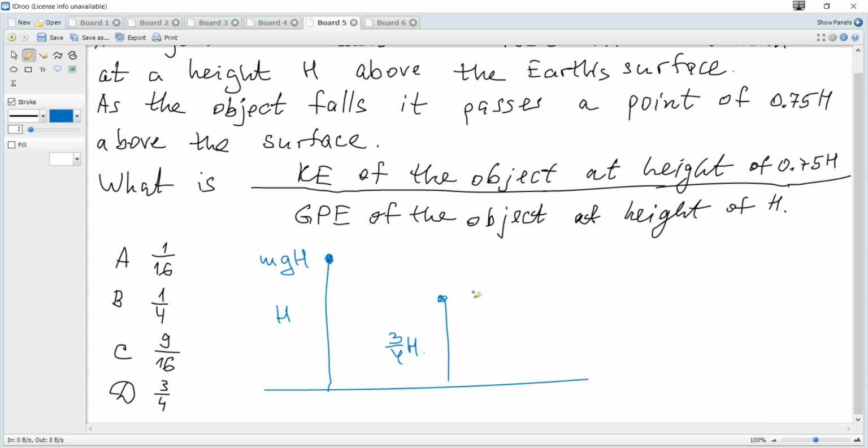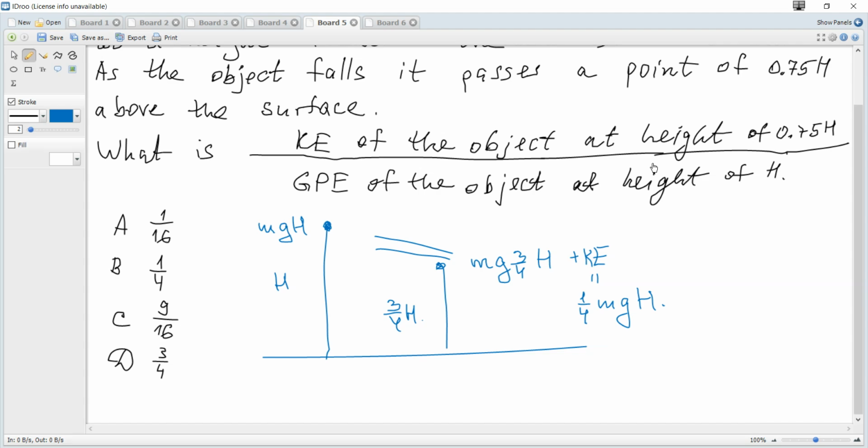It has gravitational potential energy, which is equal to mg 3/4 h, plus kinetic energy. And definitely, since air resistance is negligible, total energy is conserved. So we can conclude that this kinetic energy is equal to what? 1/4 mgh.